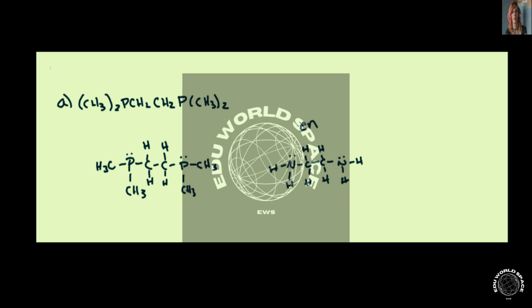It doesn't have as much on it. For example, these H2s off of the N take up much less space than these CH3s that are off of our P. However, this dmpe is a stronger electron pair donor because this phosphorus is less electronegative than this nitrogen.